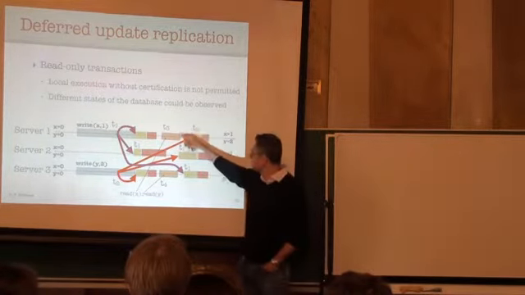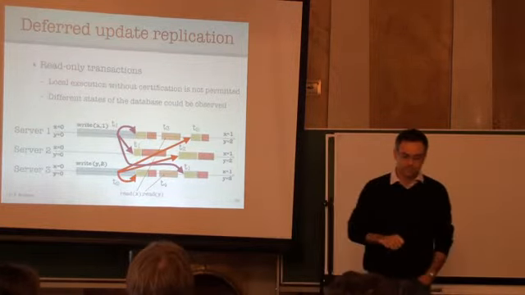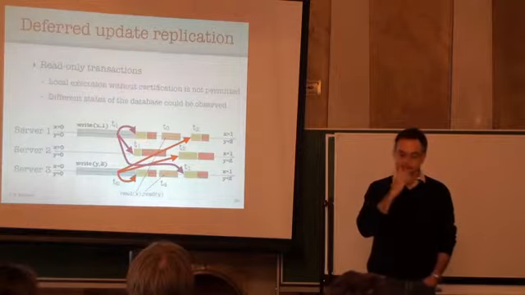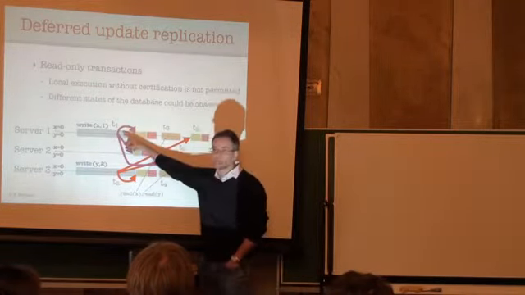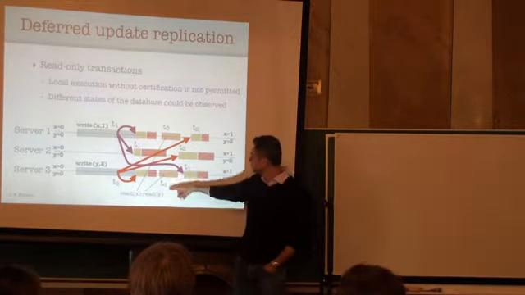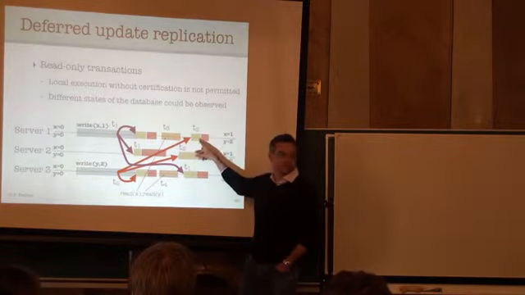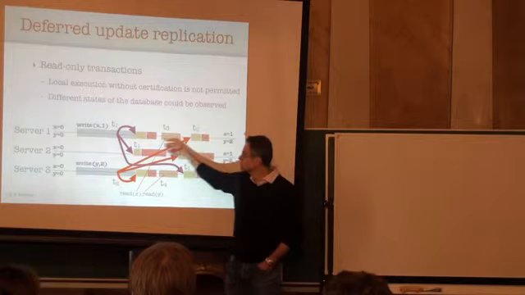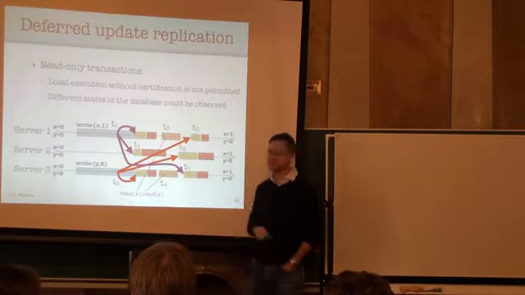What's the state of the database that T3 is going to see when it reads X and Y? When it reads X, it's going to see the change made by T1, X equal to 1. But when it reads Y, it doesn't see transaction T2 yet, because it's delivered afterwards, so it sees the value 0. So it's going to see X1 and Y0.